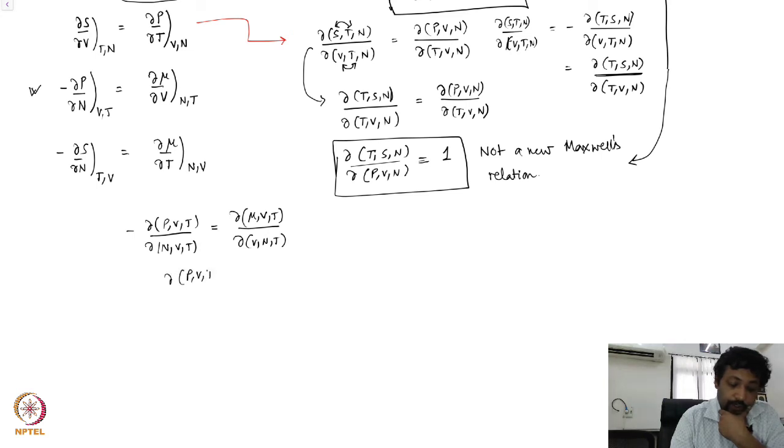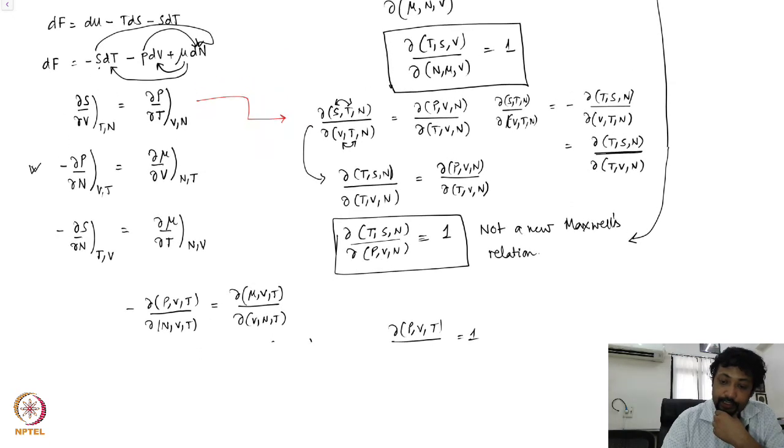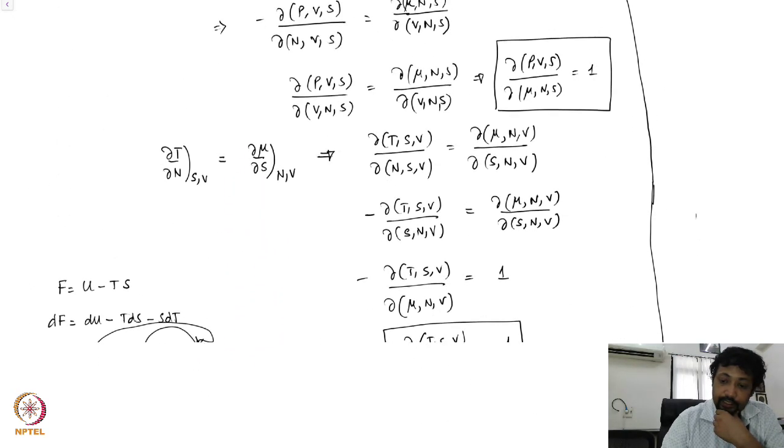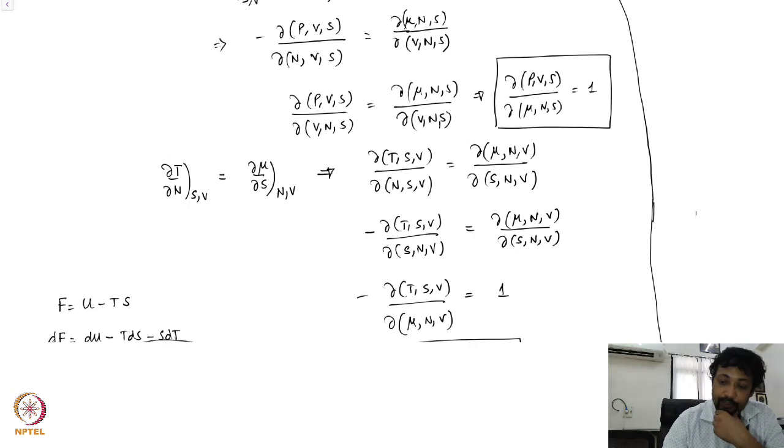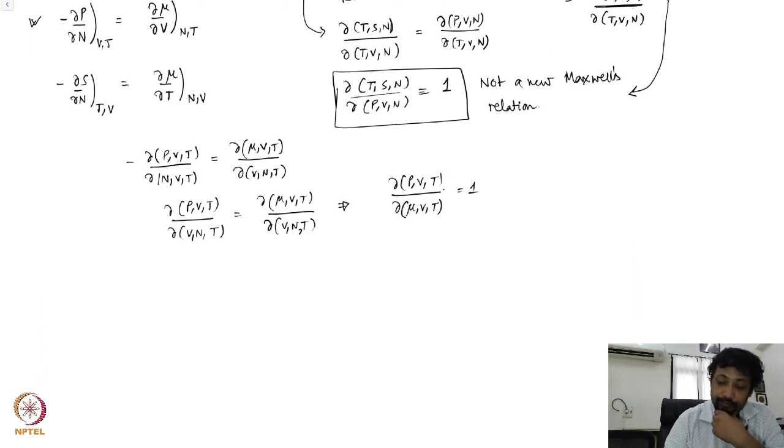I will just do one permutation in the denominator here to give you VNT is equal to del of mu VT and del of VNT, and this implies the Maxwell's relation in terms of the Jacobian is del of PVT, del of mu VT is equal to 1. Let's go up and see whether we have any of this. We have PVS, we have mu NS, we have TSV, we have N mu V, but we do not have PV, but this is something wrong here.